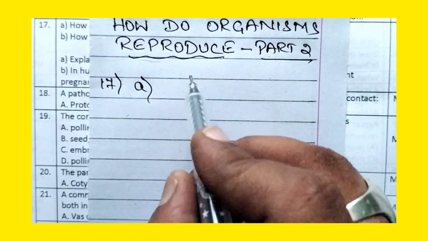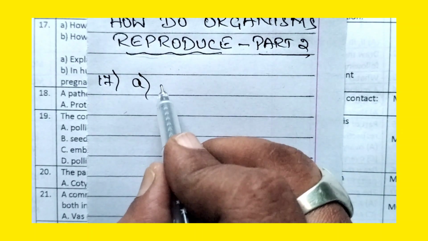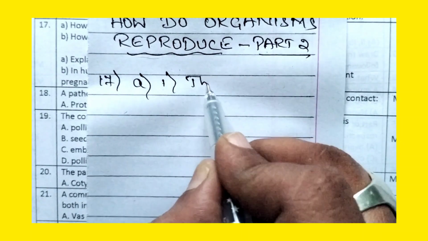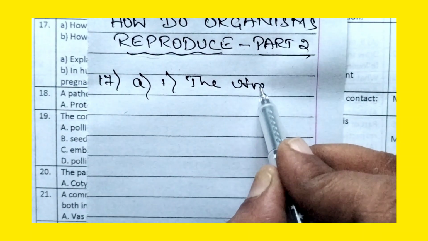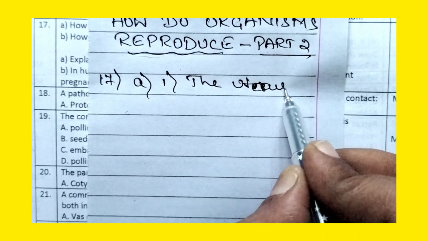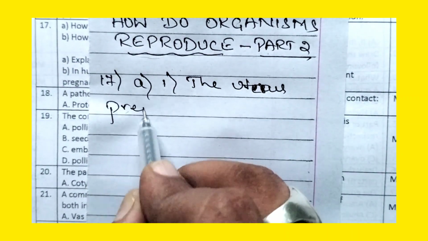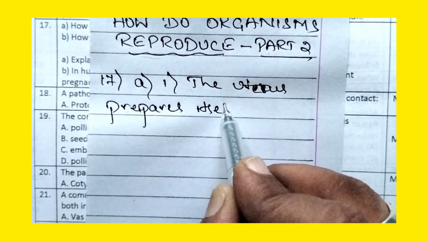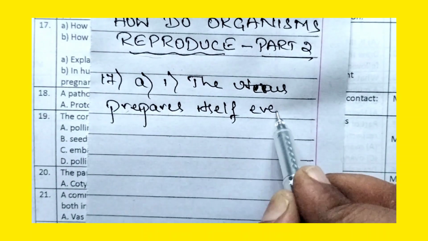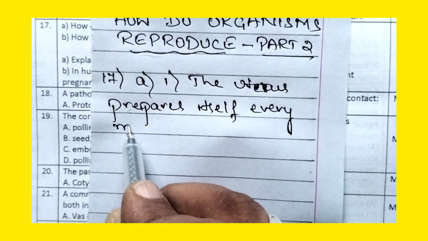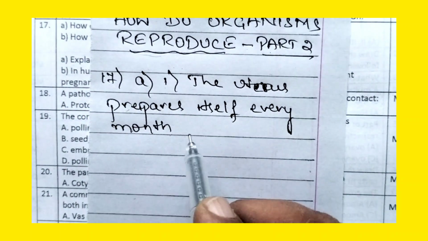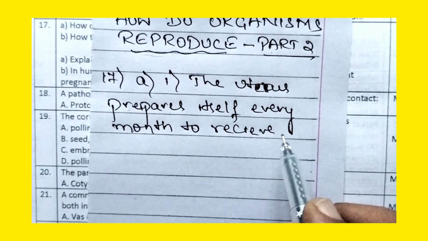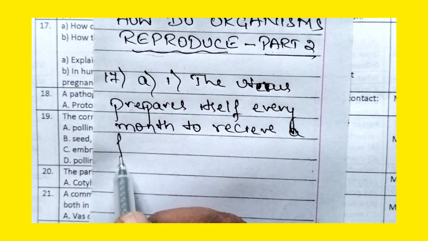The first point is that the uterus prepares itself every month to receive a fertilized egg.